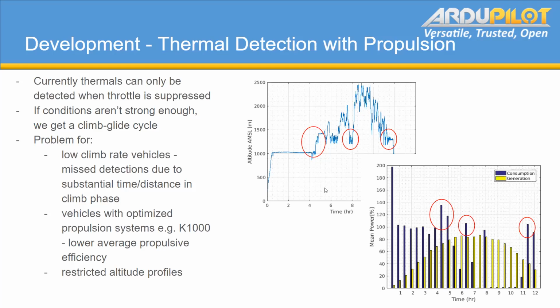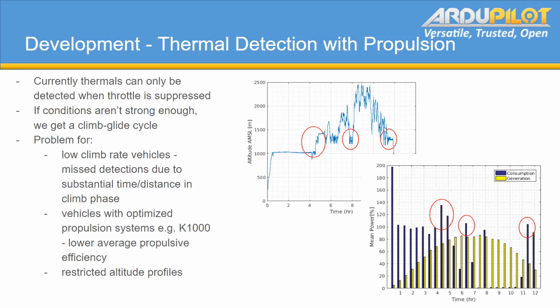And due to the reduced efficiency of the propulsion system when climbing, this actually results in an increase in the average power for those time periods. So even though we're spending some of the time thermaling, the reduction in propulsive efficiency is still overcoming that, and our average power consumption is higher in those points. That happens at the start of the day, when the thermals are just beginning, and it happens at one point in the middle of the day when the thermals just happen to die off over our area.